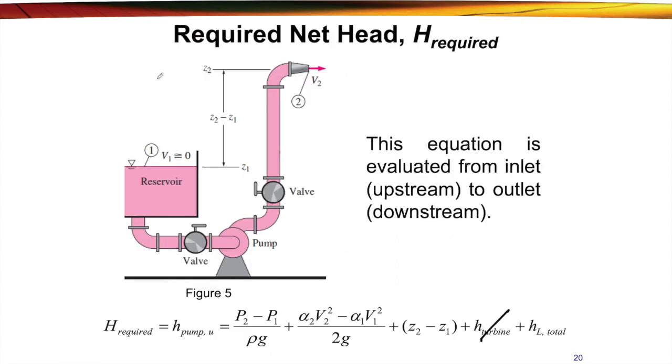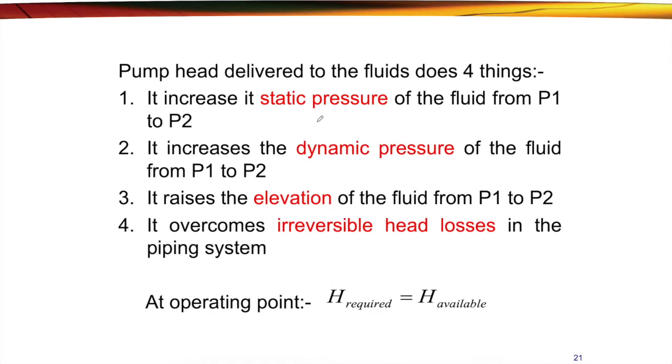This refers to this figure, from point 1 to point 2, it raises the elevation. After all of these, we refer to that delta P. And four, it overcomes irreversible head losses in the piping system.